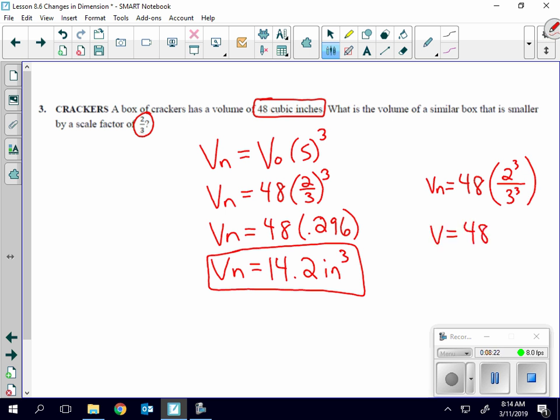We have 2 to the third power is 8. 3 to the third power is 27. And then 48 times 8 divided by 27. Or if you use a calculator, or your fraction on your calculator, that works the same. This is just 14.22222. It still rounds to the same thing, 14.2. So this one is just fine for this.